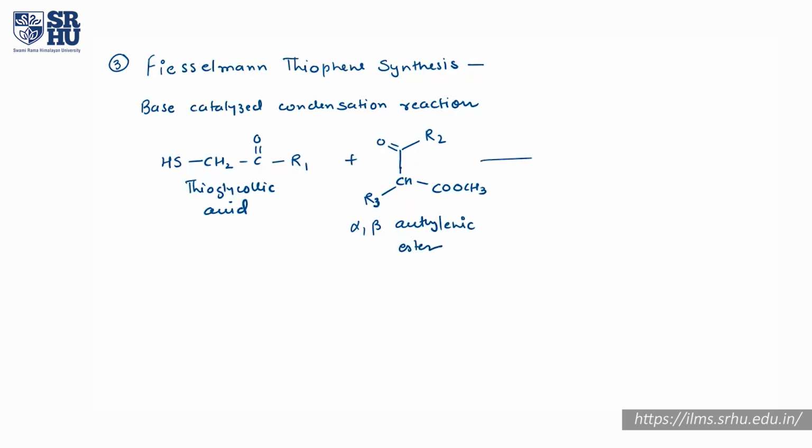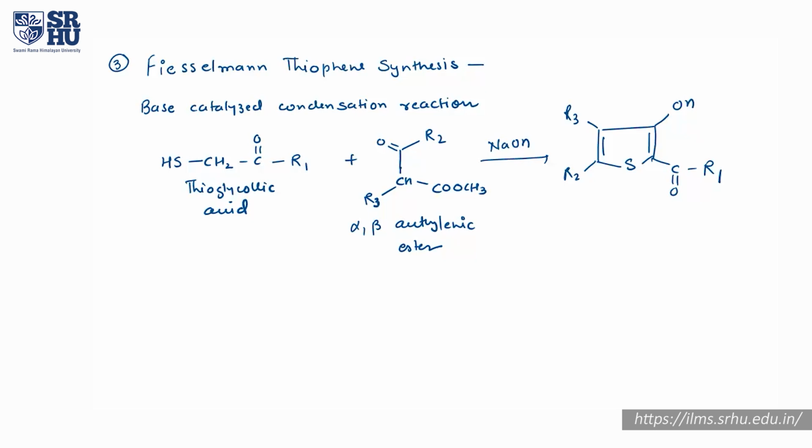Okay, so when we react these two compounds in presence of NaOH, because I've already told that it's a base catalyzed reaction, we get substituted thiophene. OH C double bond O single bond R1. So this is Fiesselmann thiophene synthesis.